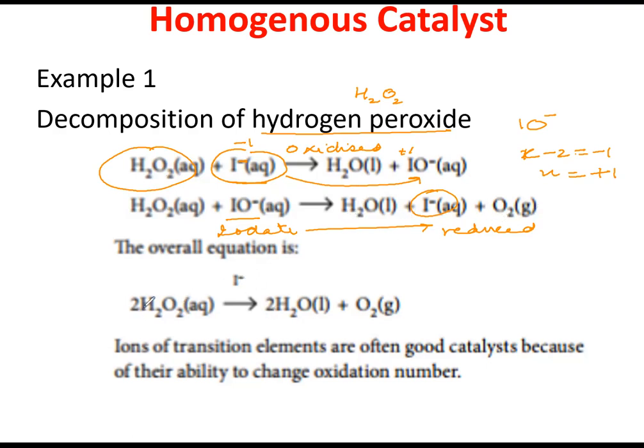The overall equation is: H2O2, in the presence of the catalyst, iodide ions, is going to decompose into H2O plus O2. So here the iodide ion is changing its oxidation state from -1 to +1, and this particular process is helping in the decomposition of the reaction.